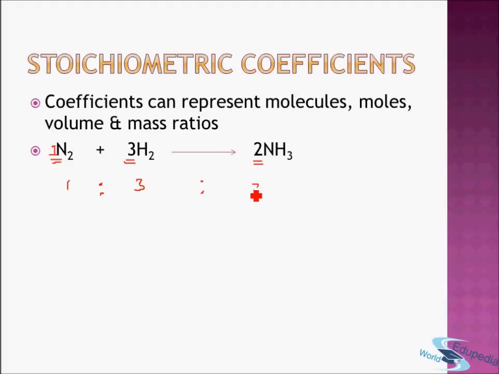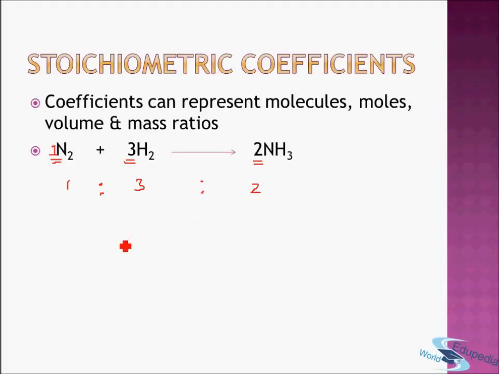Alright, in other words, 1 molecule of nitrogen will form 2 molecules of ammonia upon complete reaction, or 3 molecules of hydrogen will form 2 molecules of ammonia on complete reaction. Okay, so this is ratio 1:3:2.